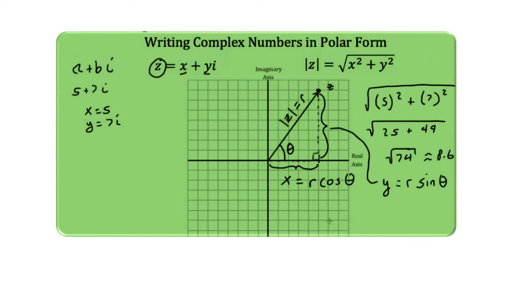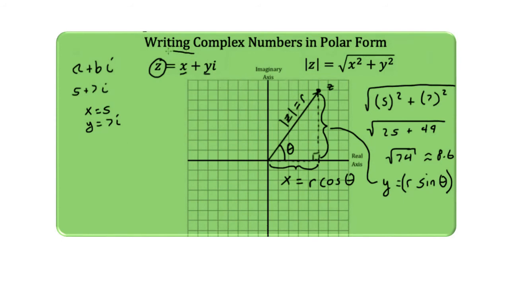But remember that we are going in the imaginary axis. This is not the y-axis. This is the imaginary axis. So even though I am calling this y, this is really r sine theta times i, the square root of -1.